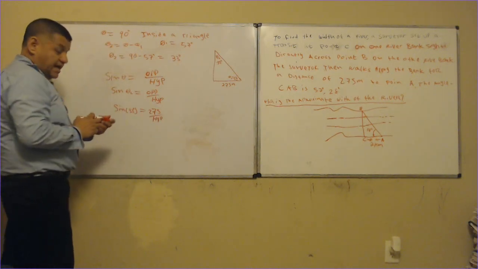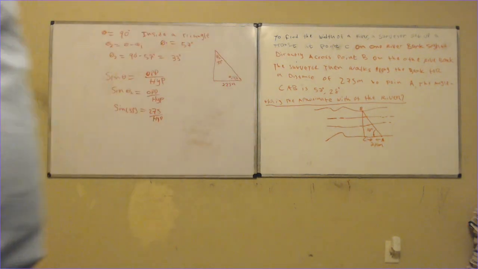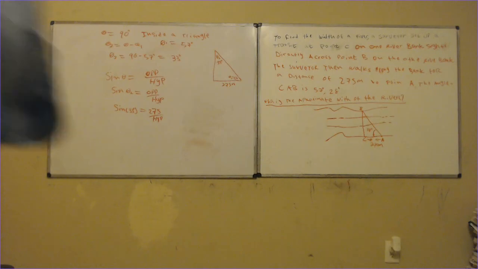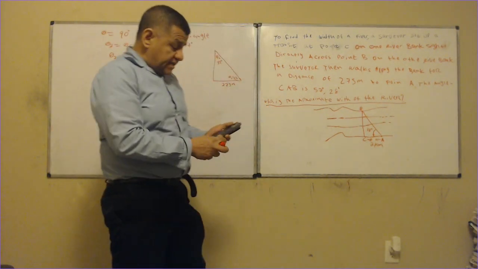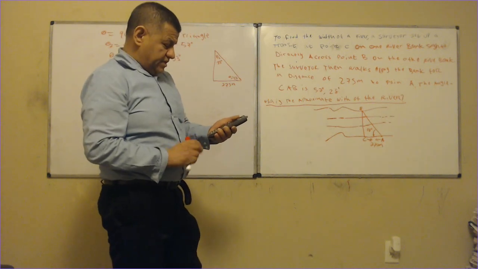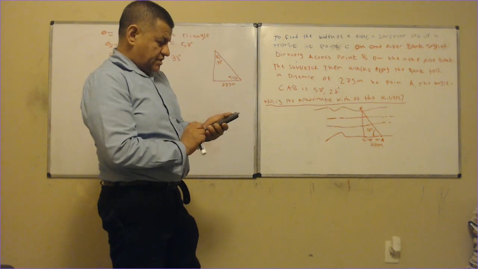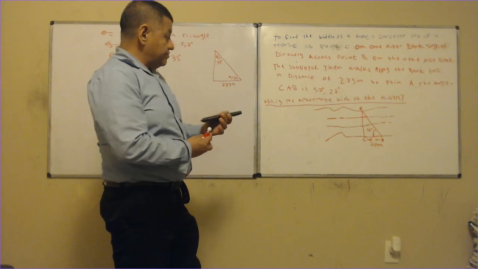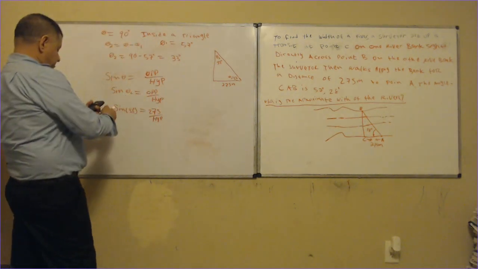I don't know the hypotenuse. Great. So based on that, sorry, I have to get a calculator. So based on that, what we can do is the following. We take the sine of 33 degrees.